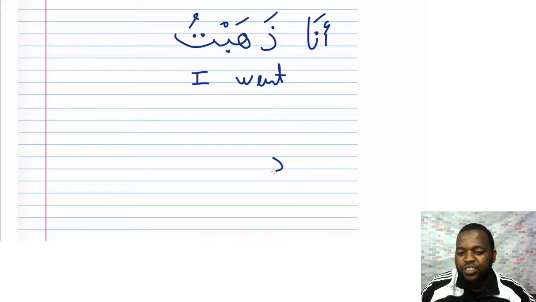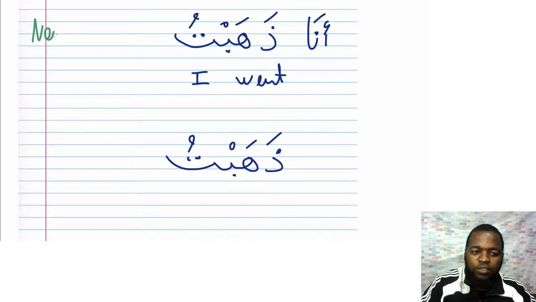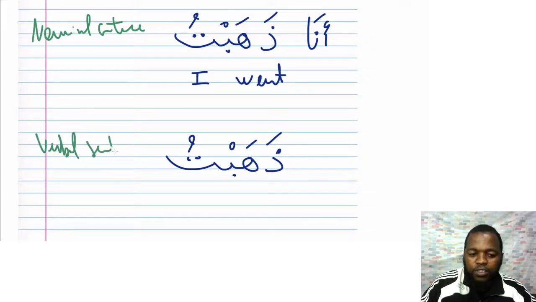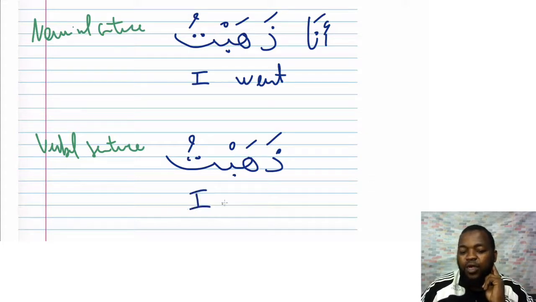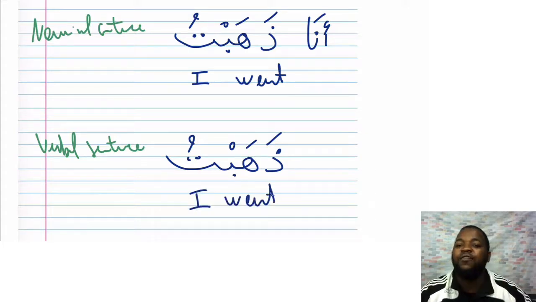And if I say ذهبت, this is a verbal sentence. So the first is a nominal sentence, and this is a verbal sentence. So أنا ذهبت means I went, and ذهبت also means I went. So both have the same meaning.